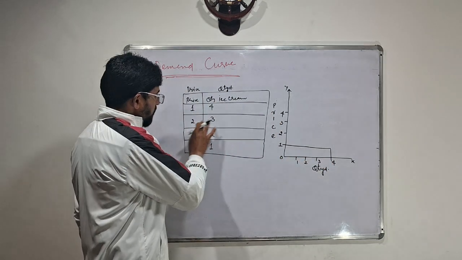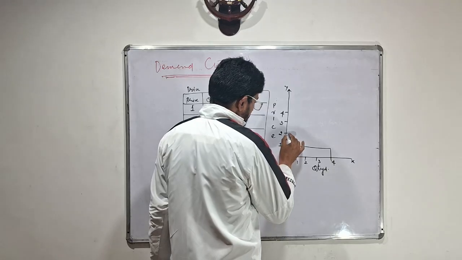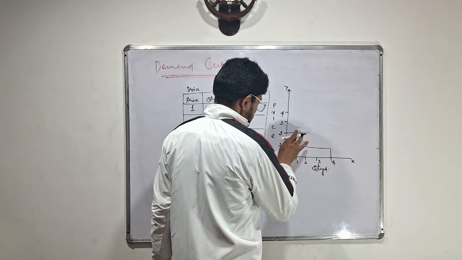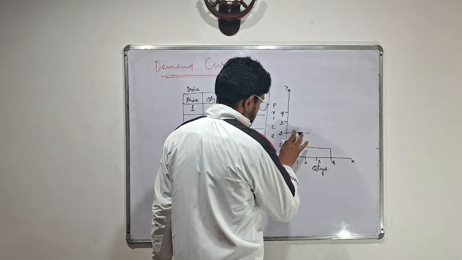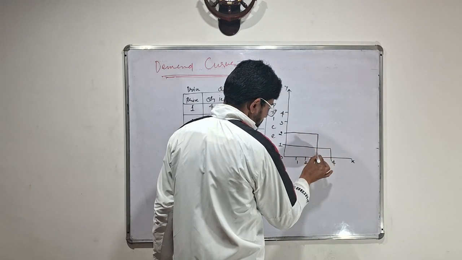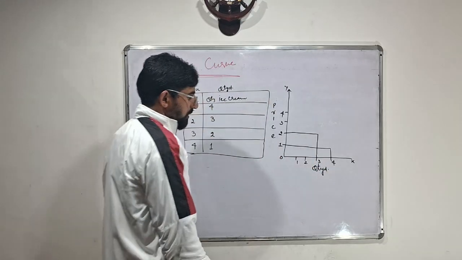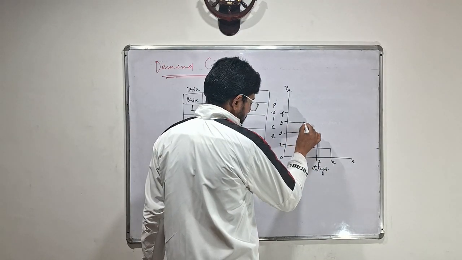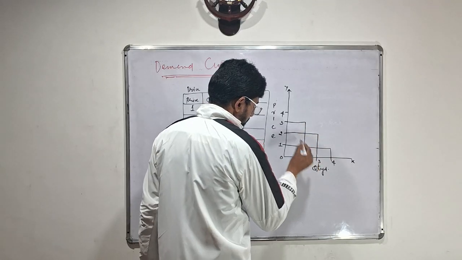Similarly, at price 2, quantity demanded is 3. At price 3, quantity demanded is 2.